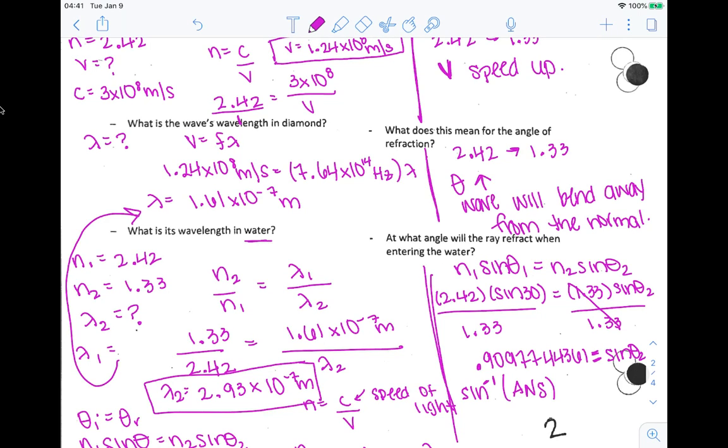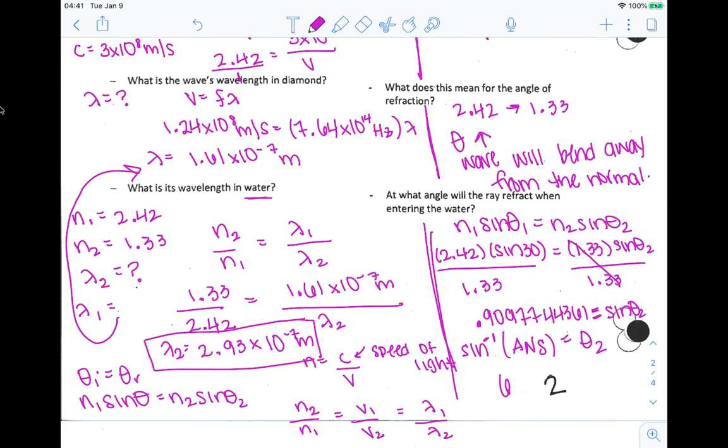Use the answer button on your calculator. Don't round so that you can take the whole thing. And this is going to be equal to theta 2. And if you do this correctly, you are going to end up with 65.47 degrees. So theta 2 is 65.47 degrees.